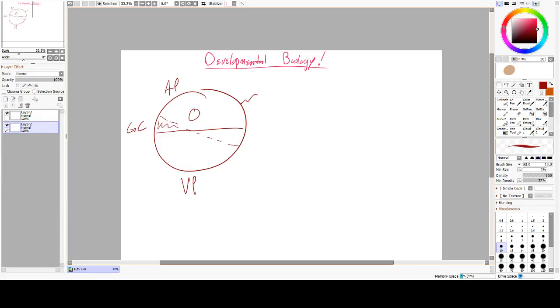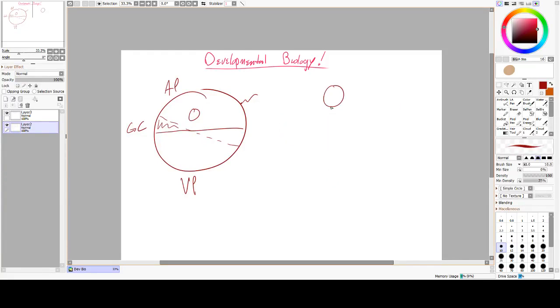And the gray crescent shows where the dorsal side of the organism is going to be. Because, you know, you have a fish: this is the dorsal side, this is the ventral side.